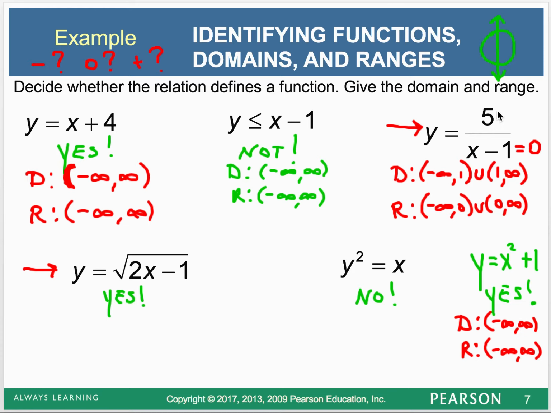Now, if this had an x up here, if it was 5x, oh, then it's possible we could make that 0, right? By plugging in a 0, and you'd have 0 over negative 1, which is 0. The only reason I'm saying this fraction as it stands can't be 0 is because the numerator is 5, and there's no variable or no way up there to change it to 0.